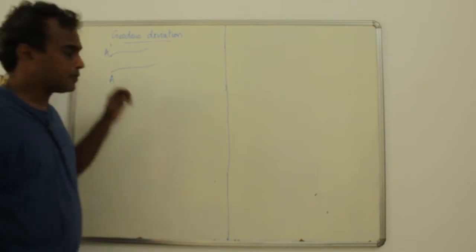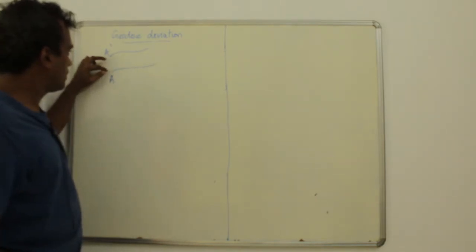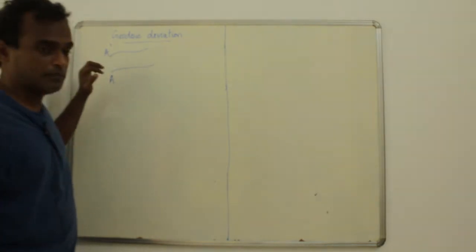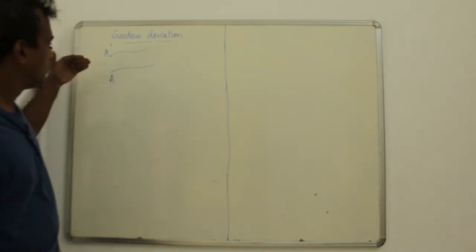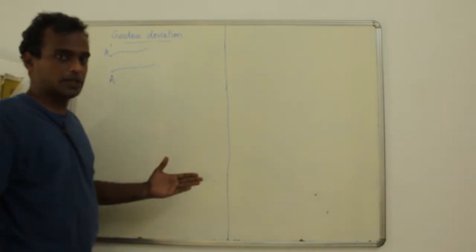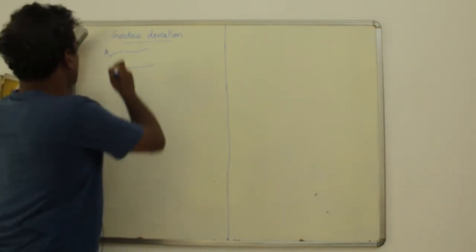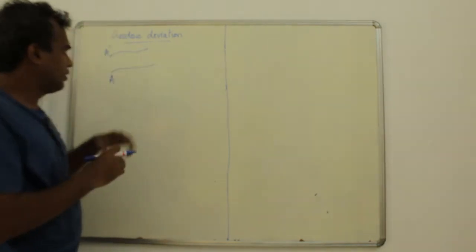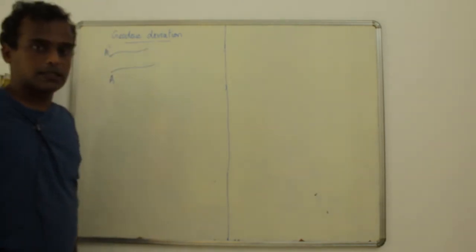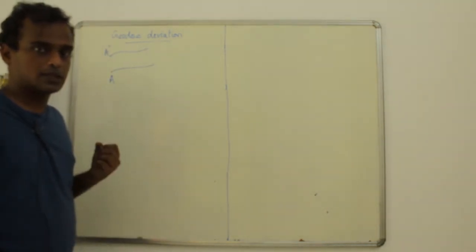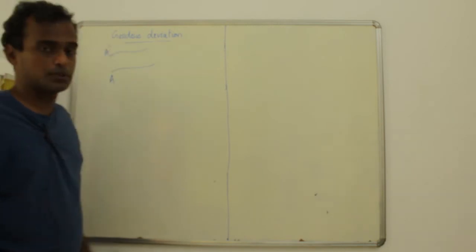Because they start off with the same velocity at points A and A prime, they are moving with the same speed along the same direction. We will follow the trajectory of these particles and see what happens to the separation between these two trajectories.